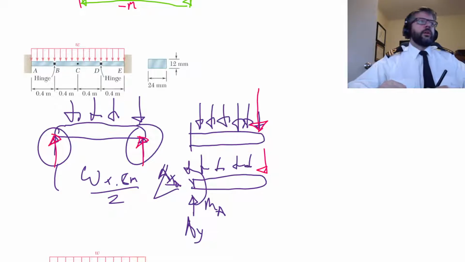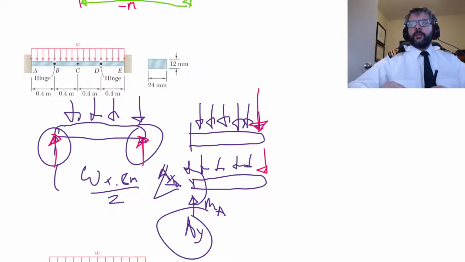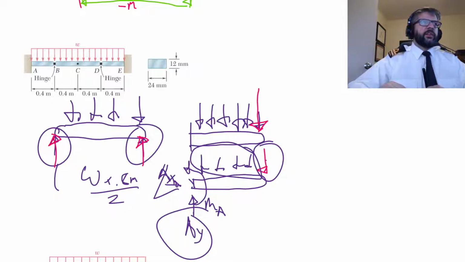So for our AY, summing our forces in the y direction, we'd end up with AY equal to this plus this. This here is W naught times 0.8 meters divided by 2, so W naught times 0.4 meters.